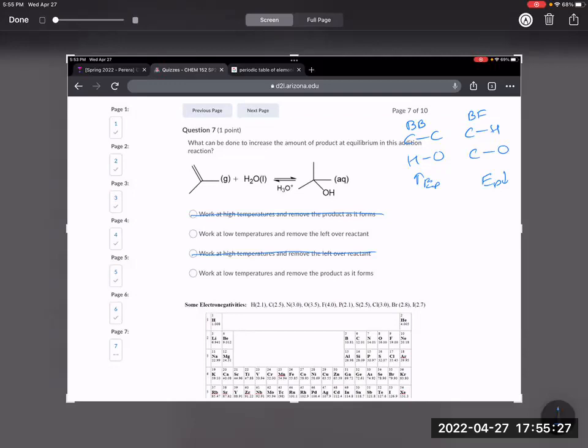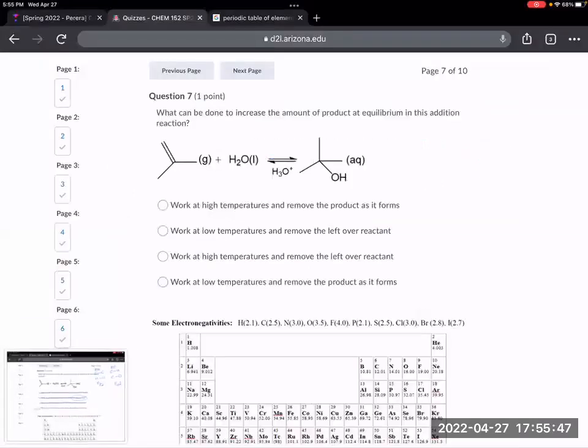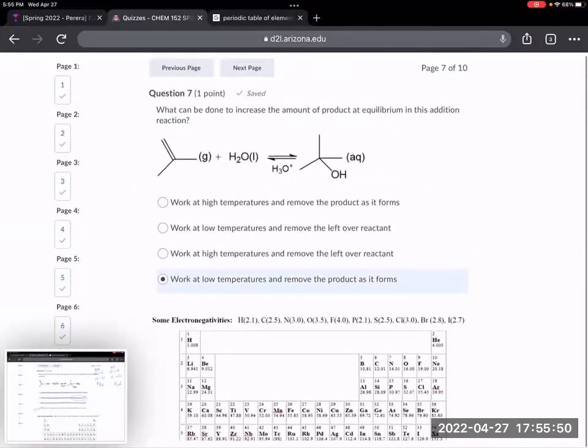So let's see what we have. Work at low temperatures and remove the leftover reactants. No, we cannot remove the reactants. If we remove the reactants, equilibrium will shift towards reactants, not products. So that is out. Now it must be our option D. Work at low temperatures and remove the product as it forms. So that is correct. Our correct option is option D.